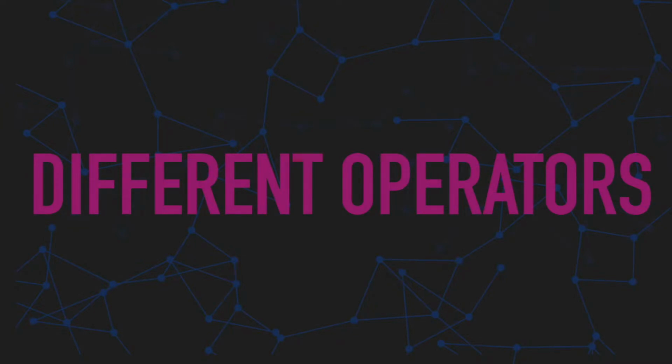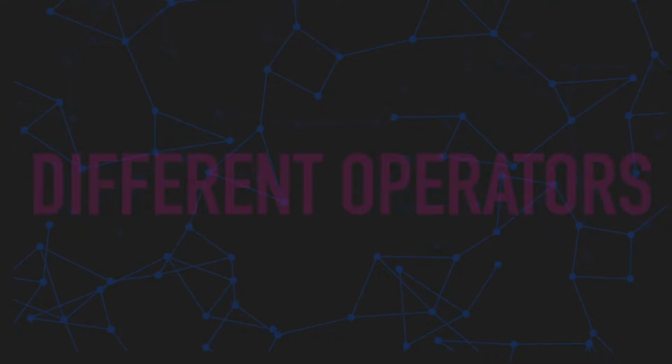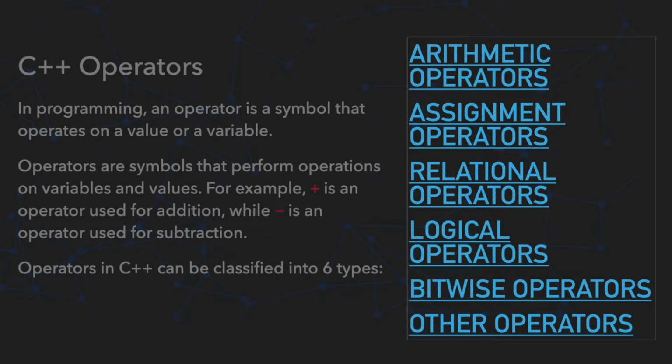Well, let's see what is an operator and what are different types of operators. Basically, an operator is a special symbol which is predefined by the compiler, which performs some particular operation. The operator acts on values or variables.